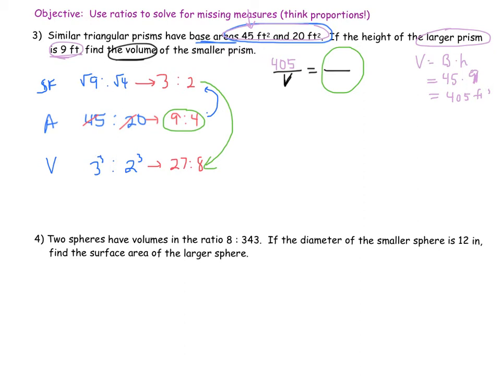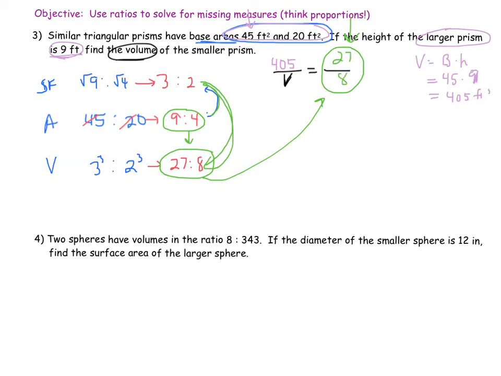So I finally have my volume ratio. I started with area and got my volume ratio, but did it by going back to scale factor, then going to volume. That's the ratio that's going to go right here. And I'm now going to plug that in, 27 to 8.